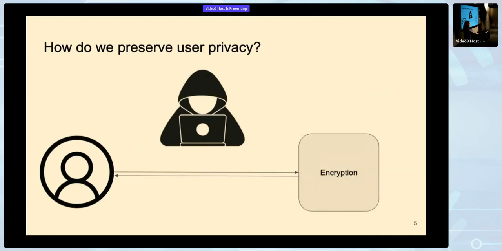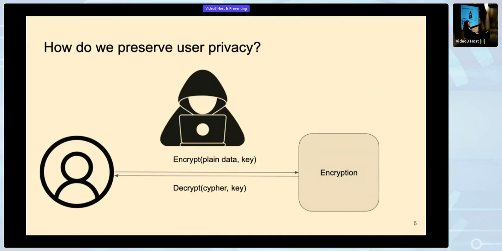The first intuition is to do encryption, right? So you encrypt your plain data with a private key and store it in the remote server. Then you can do secure computation like homomorphic encryption, where the function is applied directly to the ciphertext, or secure multi-party computation. Afterwards, you decrypt the ciphertext with the key and get your data back.